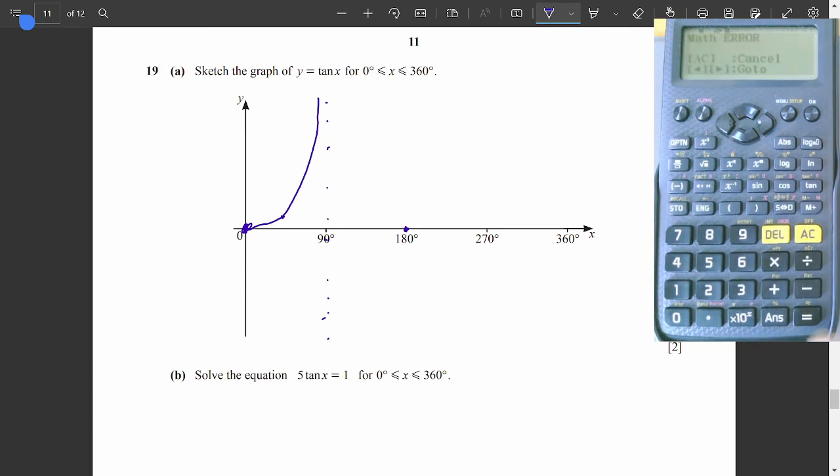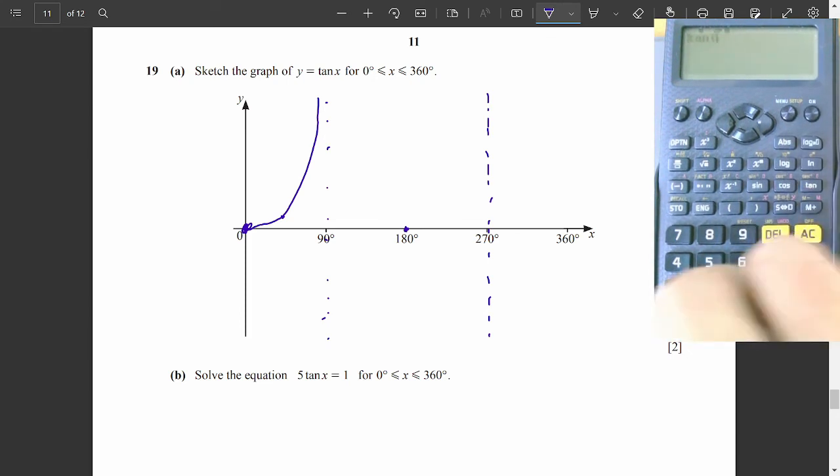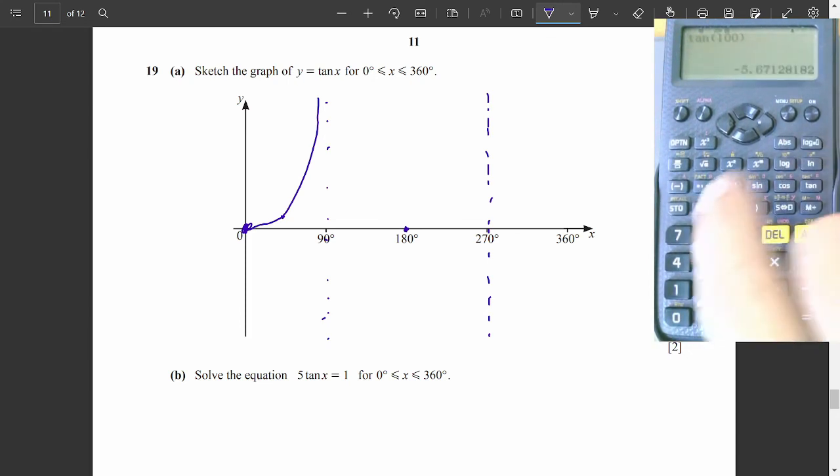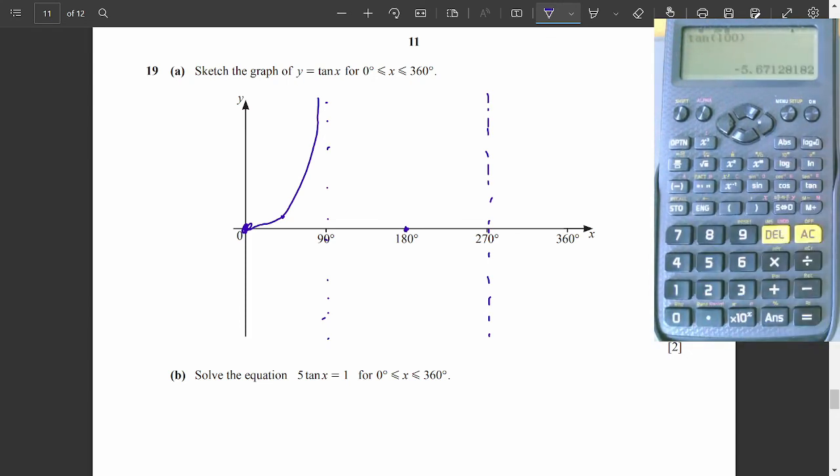At 270 we get another error message, so there's another asymptote. It's not going to cross there. For example, tan 100 is negative, so we know between 90 and 180 is negative. In the end, it's going to look something like this, if you remember correctly. And again here. Right, there's our graph.